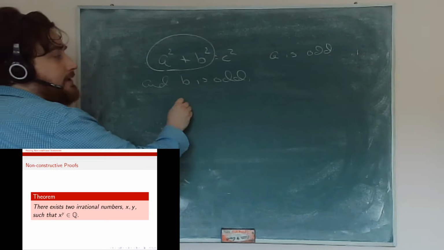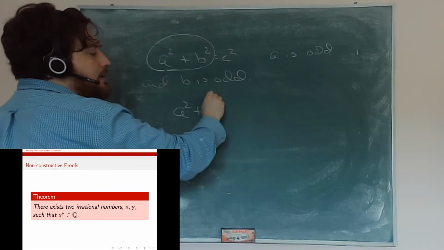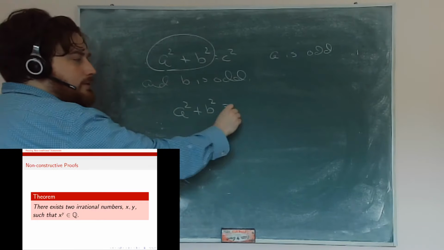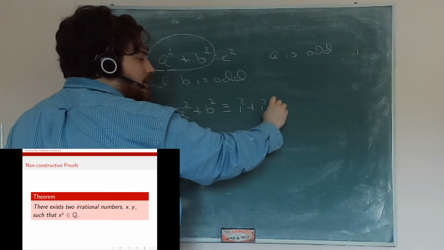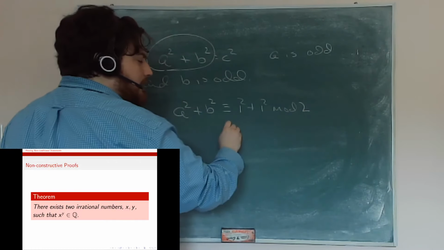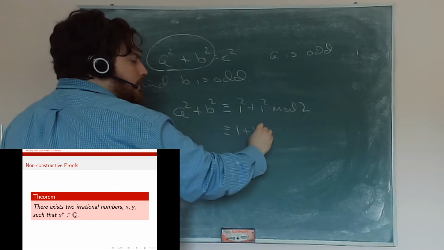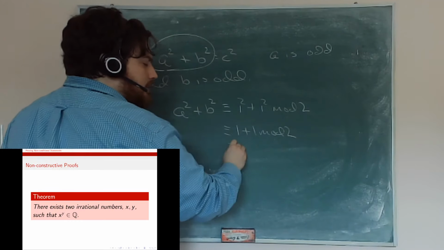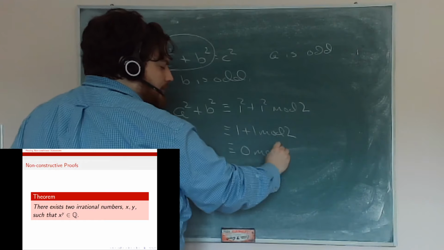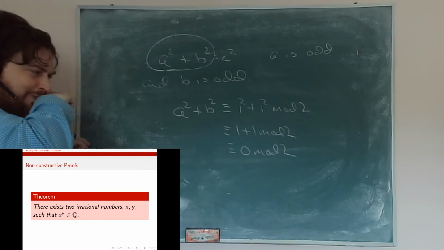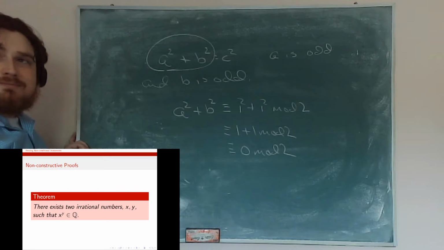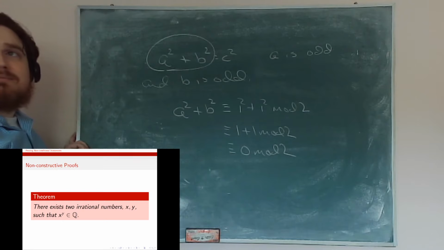So what I would say here is that a squared plus b squared is congruent to 1 squared plus 1 squared mod 2, which is congruent to 1 plus 1 mod 2, which is congruent to 0 mod 2. Is that making sense so far?